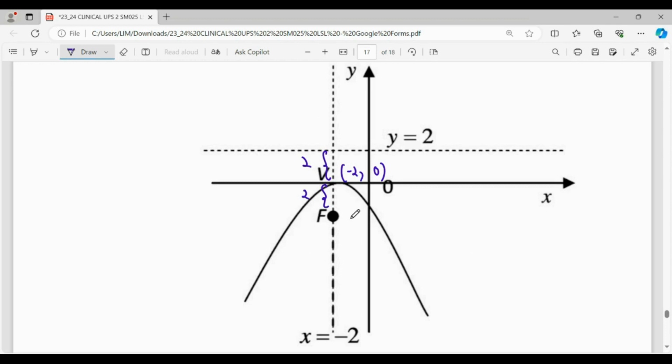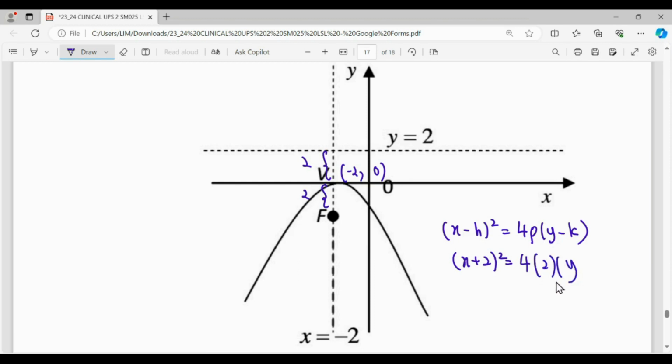So to write your parabola equation, you need to know whether it opens up, down, or left, right. It opens up or down, which means it starts with (x minus h) squared equals 4p(y minus k). So the x coordinate here obviously is x equals -2, so (x plus 2) squared. For the p value, it is the distance from the vertex to the directrix or the vertex to the focus, which is 2.